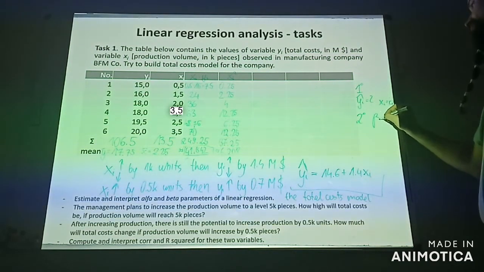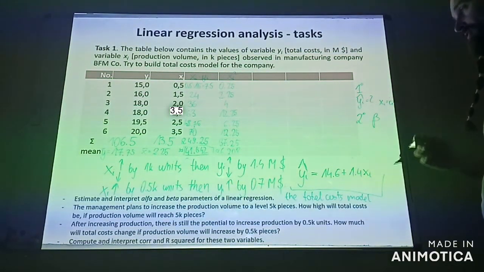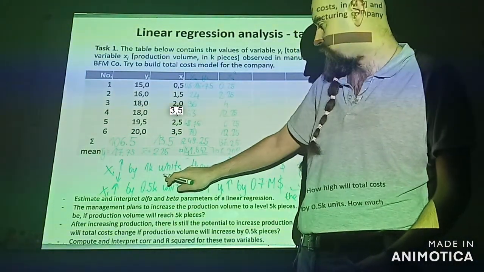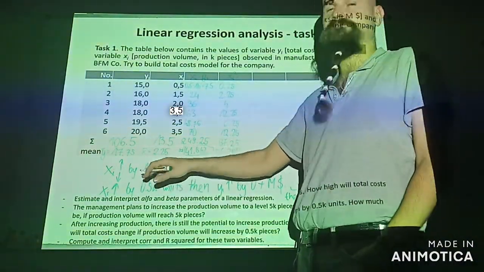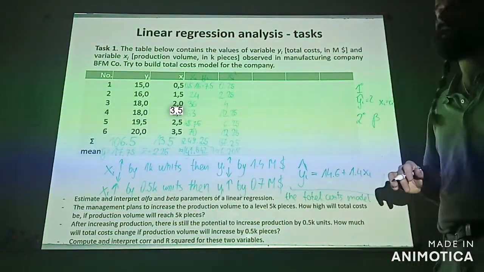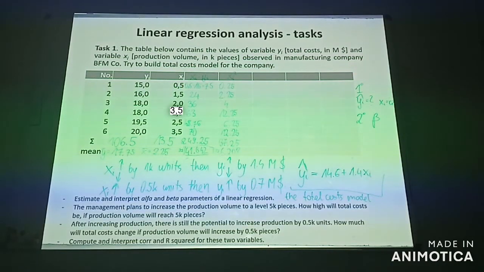The interpretation of beta parameter. Like here, if I change the independent variable by a certain amount of units, what will happen with my dependent variable?